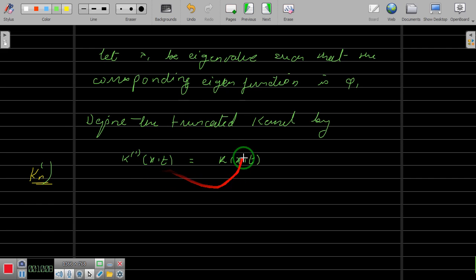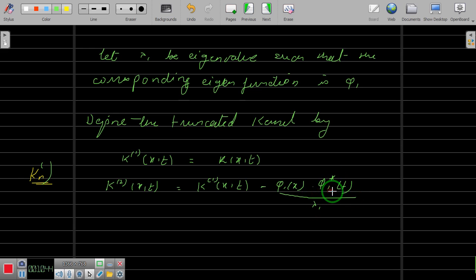And using this k1, let us define k2. k2 of x comma t is equal to k1 of x comma t, and then using phi 1 and lambda 1, we subtract phi 1 of x times phi 1 star of t divided by lambda 1.